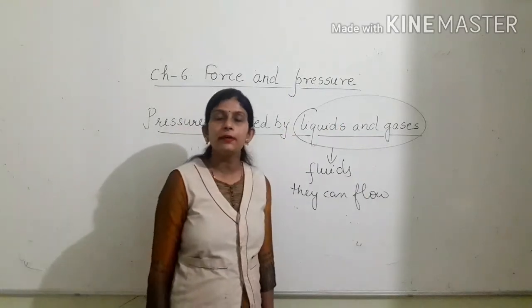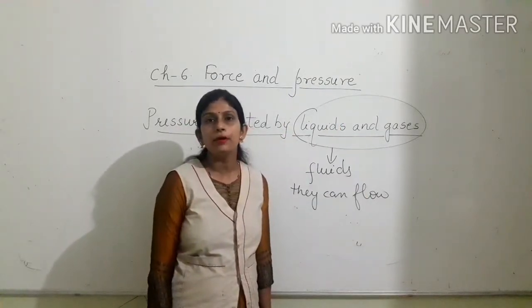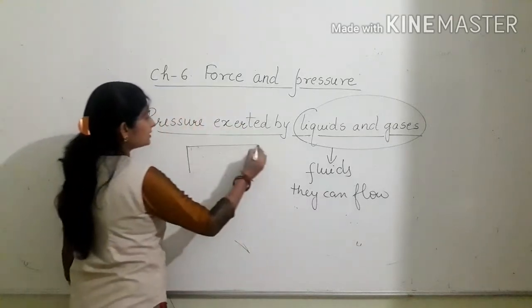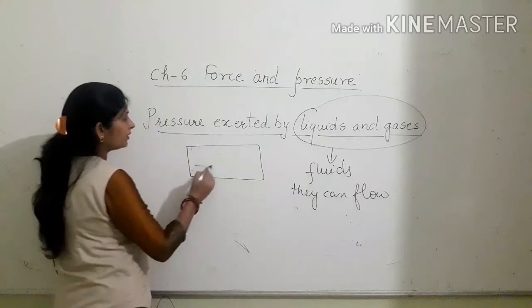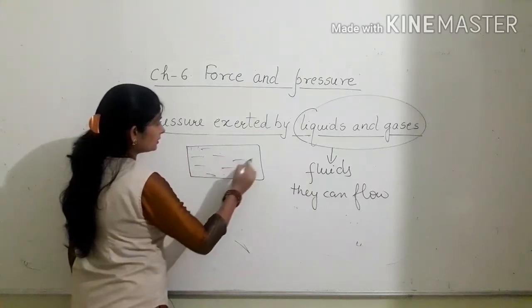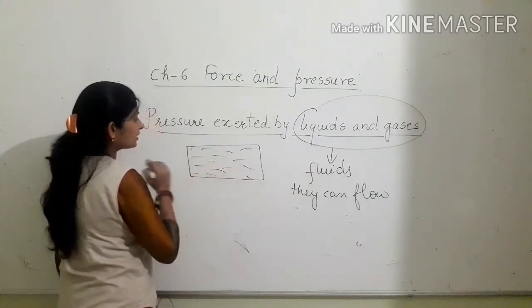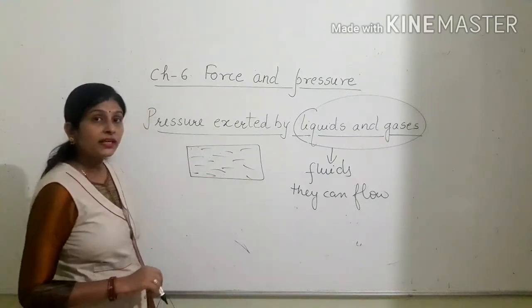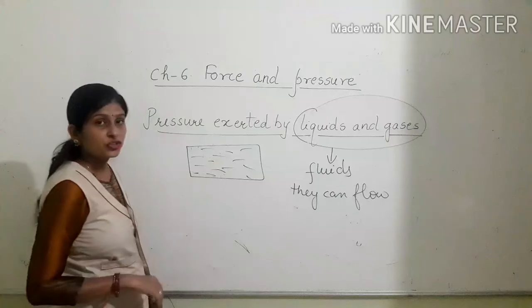To understand it better, we take the example of a liquid such as water. Take a certain quantity of water in a sealed closed container. That water flows in all directions.